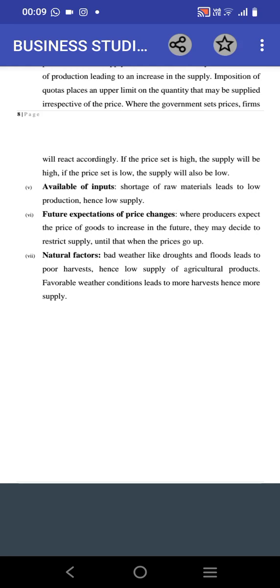Natural factors. Yes, natural factors determine whether there will be supply of goods or not. Bad weather, like drought and floods, leads to poor harvests, hence low supply of agricultural products. This natural factor determines the yields you will make in the agricultural sector.